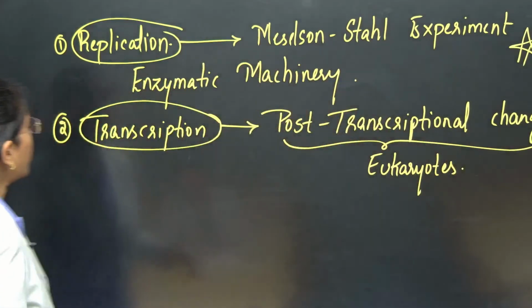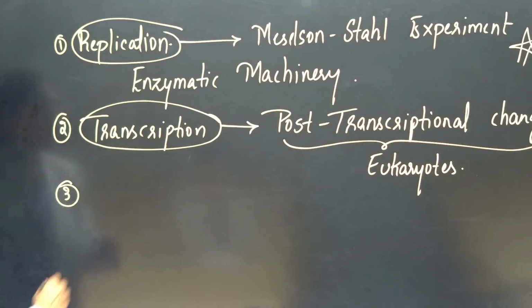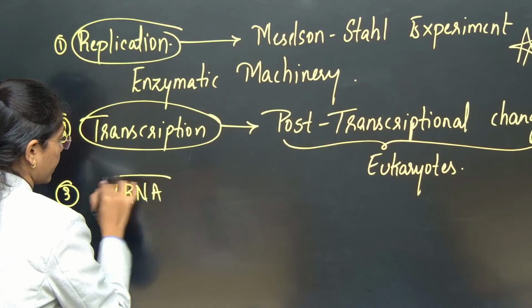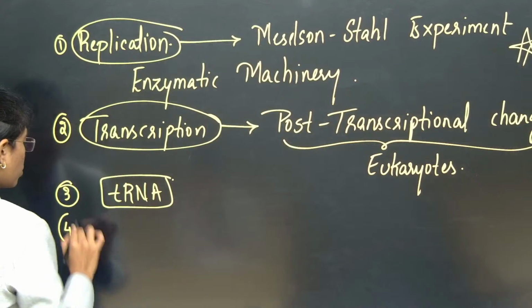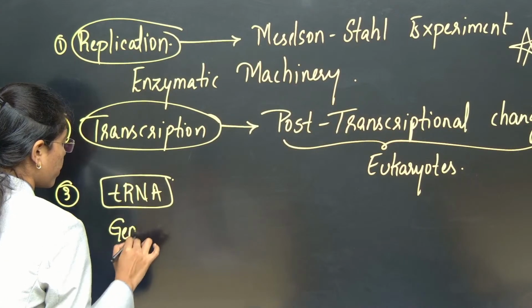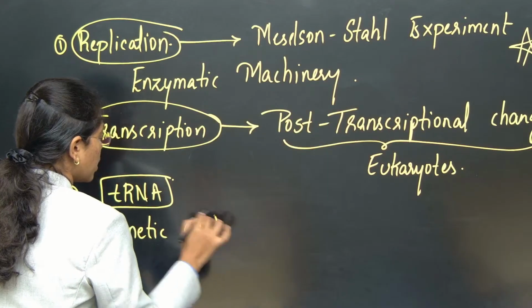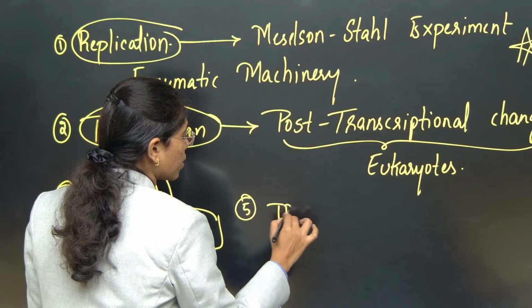Now third, before moving on to translation, you should have a clear idea on tRNA, that is adapter RNA, and fourth, the genetic code. When you are clear with these two concepts, then you can easily move on to the concept of translation.